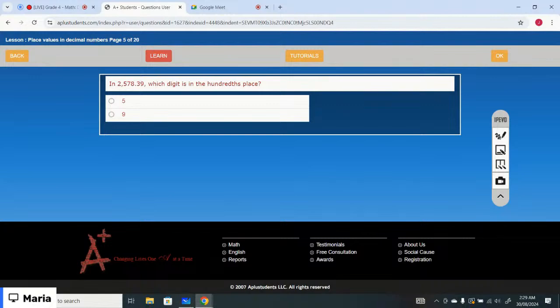In 2578.39, which digit is at the hundredths place? So which is the correct option?